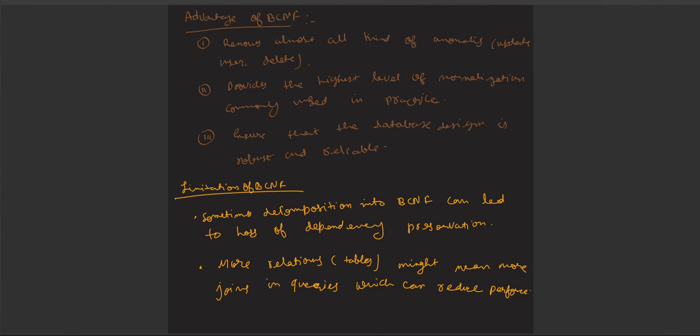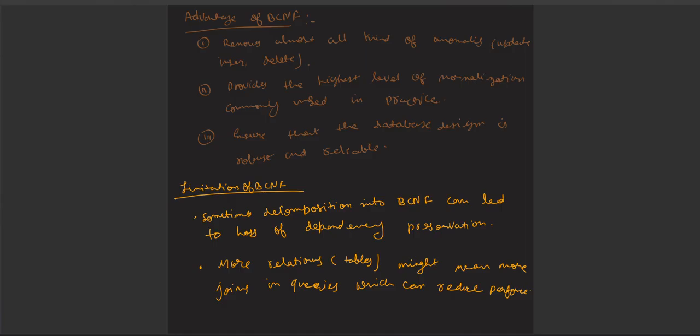So let's recap all the normalization we have done till now. In the starting we did 1NF, and then we discussed 2NF, 3NF and BCNF.